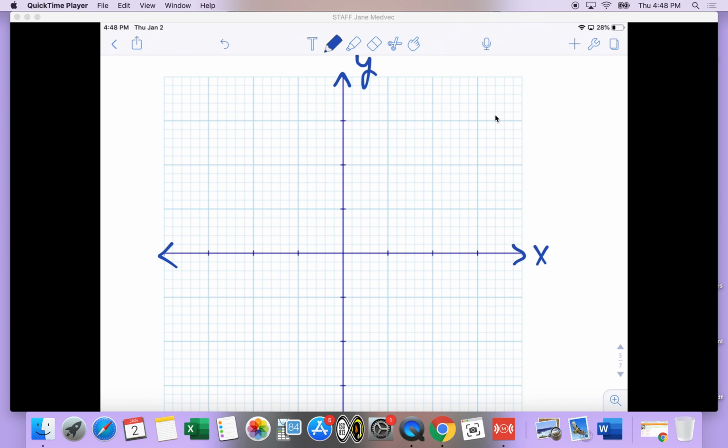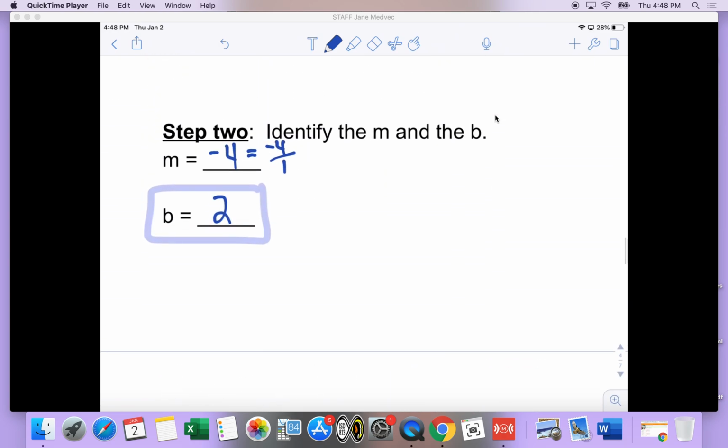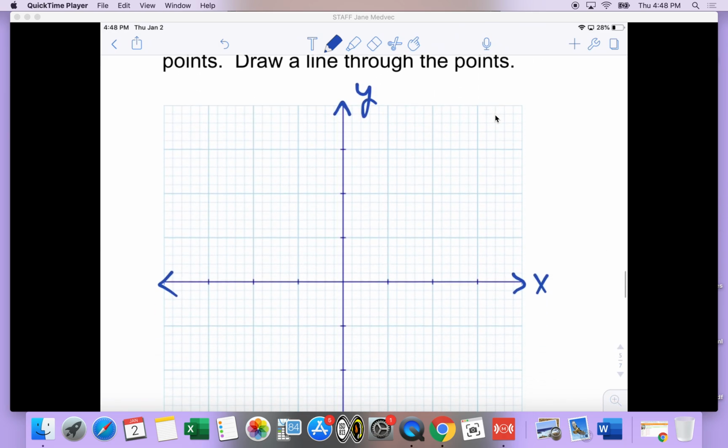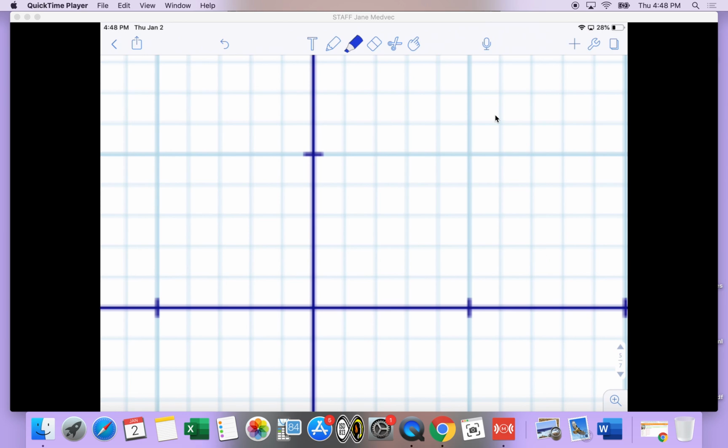Sometimes that's a good idea, sometimes it's not. So make sure you take a look at your information first. And again, we talked about the b being 2. So I'm going to find my y-axis, which is right here, and I'm going to find 2. So I'm going to zoom in here, and I'm going to find this, and that's 2. You always plot your b first.